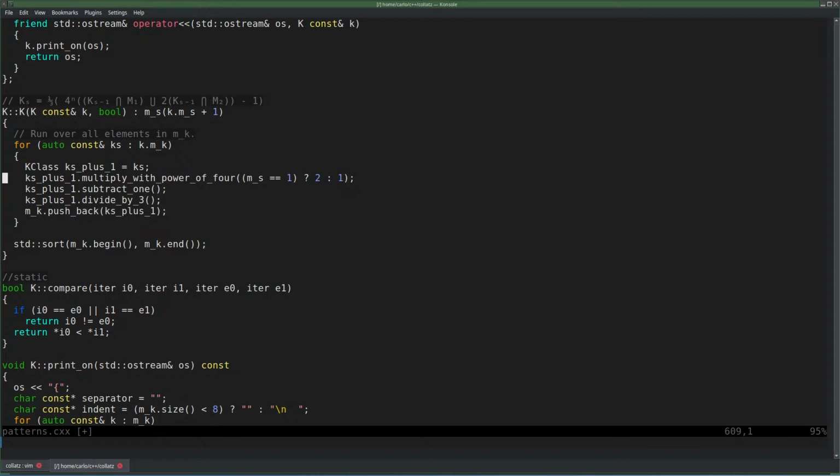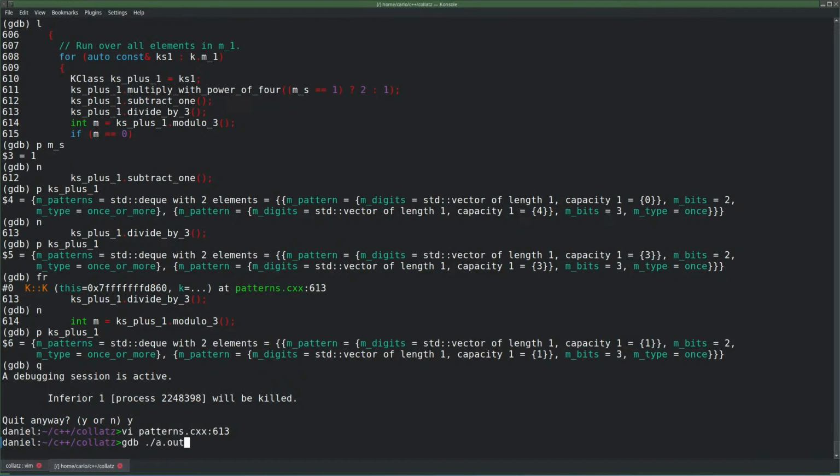So in the case of K1, I guess all the numbers are, no, K0 is 1 times 4 minus 1, which is 3, so we can divide that by 3, and therefore it works. But then the next one, we have a problem, because now I have numbers that can no longer be divided by 3. But okay, I'll see what happens if I do this.